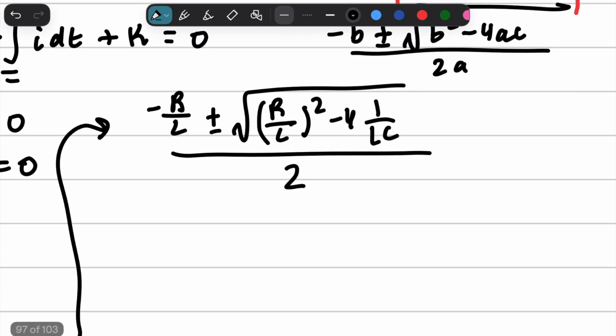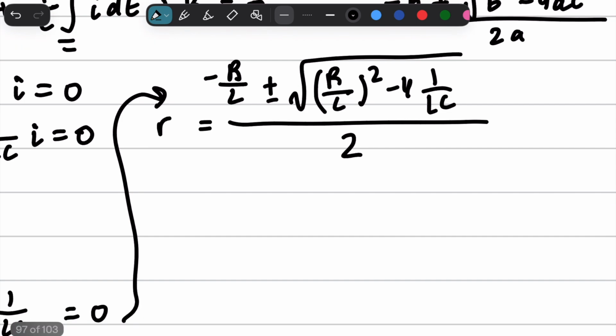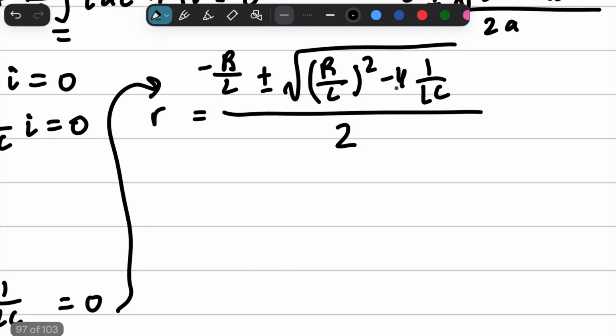Okay, now after doing some very nice algebraic manipulations, namely taking this 4 out of here, we're going to multiply these by 4, right? Because this is going to have a 4 out front, and so there's going to be a 2 down here.